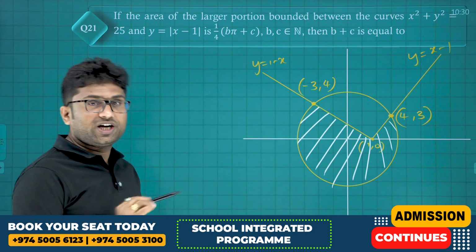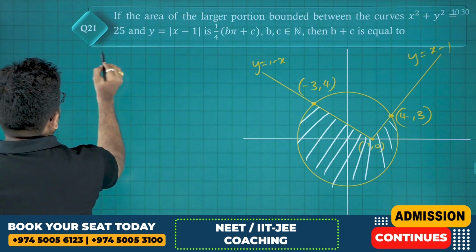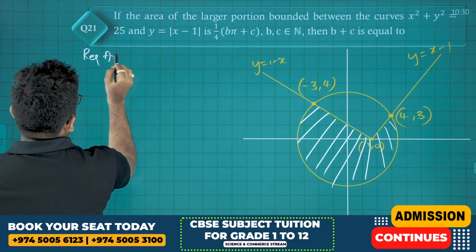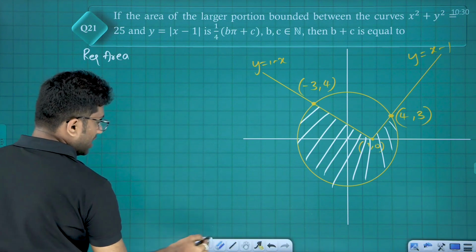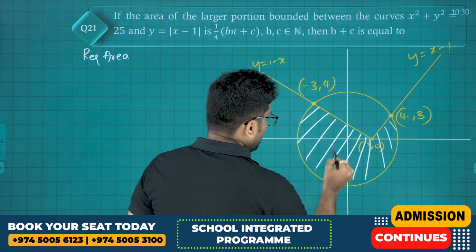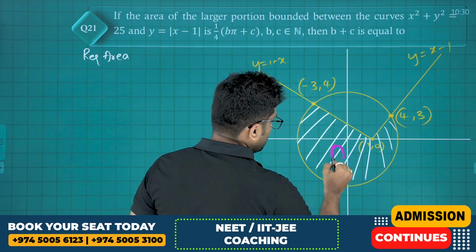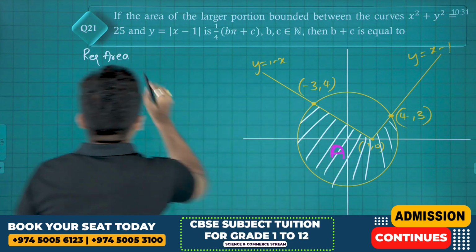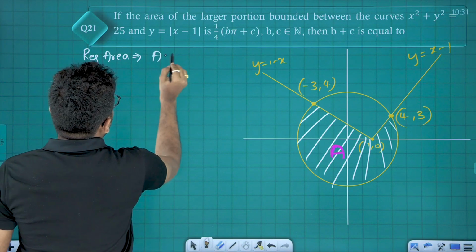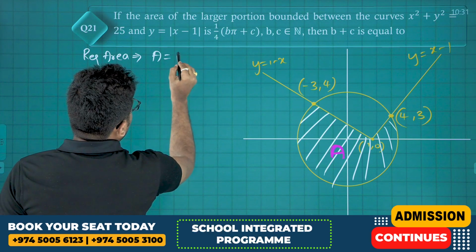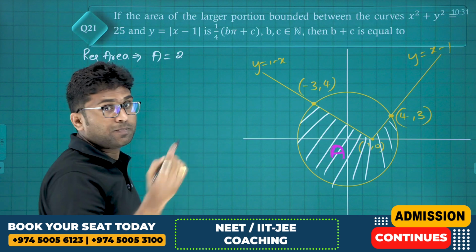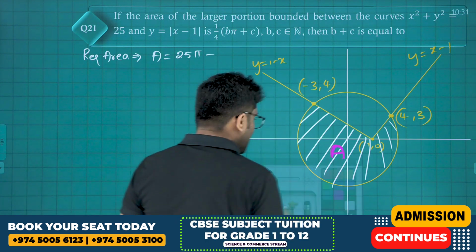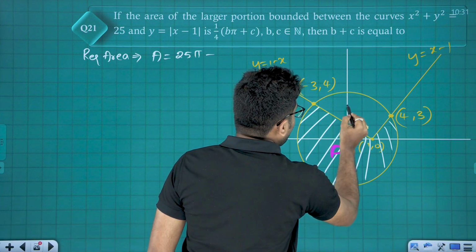So to get this shaded region, the required area, let's say the required area is some A. Now to get this A, the area of the total circle is pi r square, which is 25 pi, minus the area of this part.